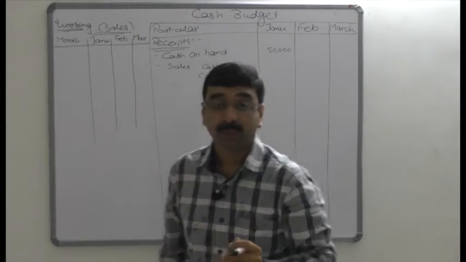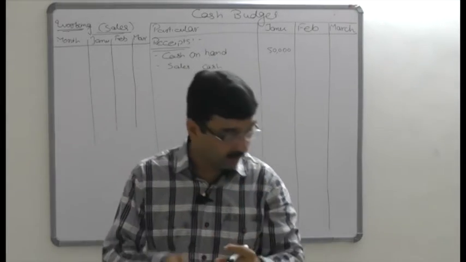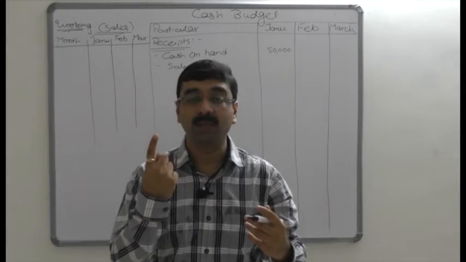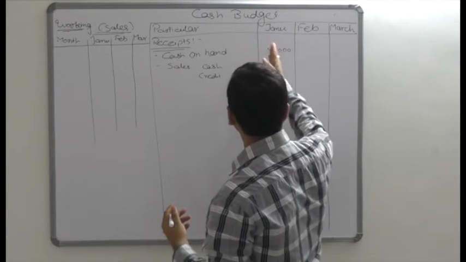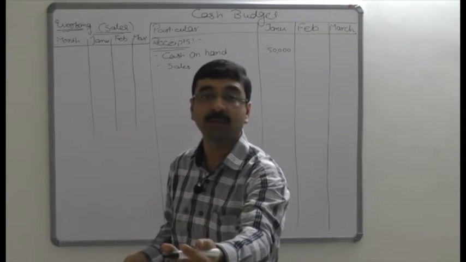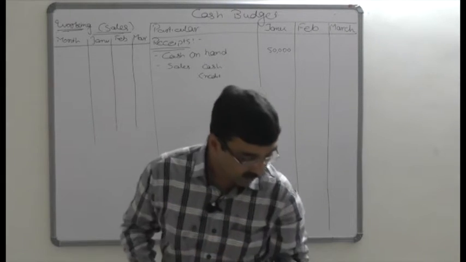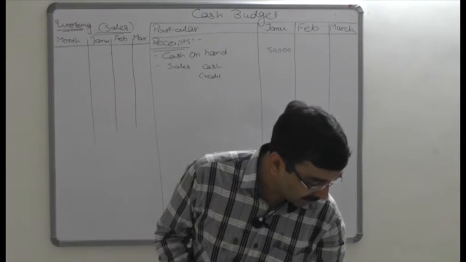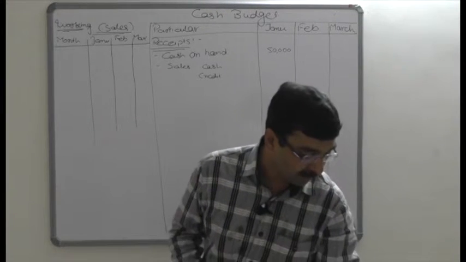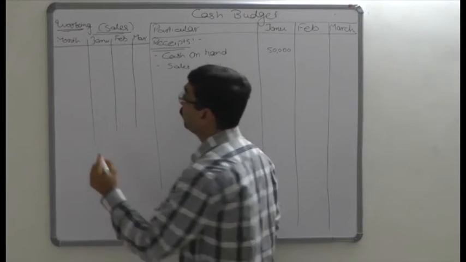Now see here, the credit period for the credit sales has been given as 1 month. It means when you record the information for the month of January, you need to see the information regarding the month of December. So let's see how much sales we have in the month of December. December sales is rupees 84,000.